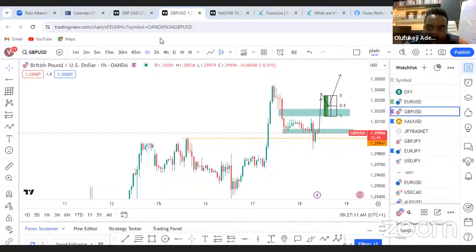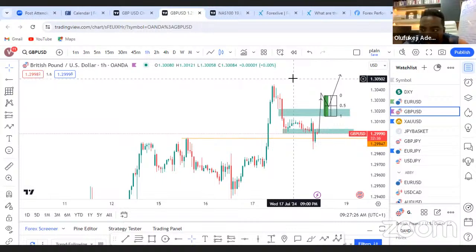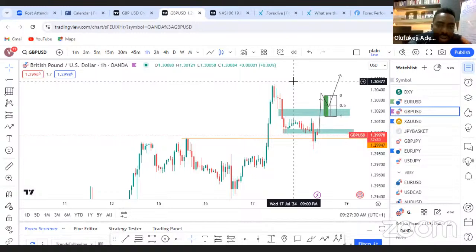That's because I saw price take out the low of New York, and I think price wants to target the high of the 16th of July, which is about 1.2970 levels. That's the trade I am seeing.